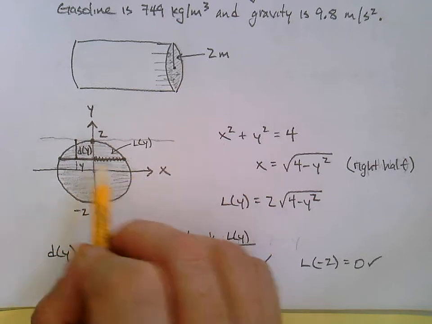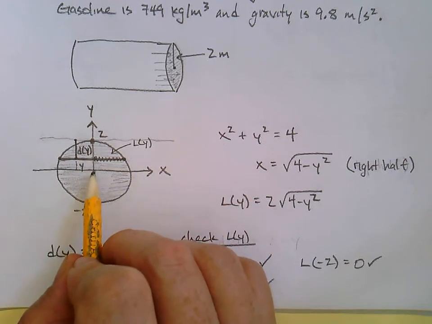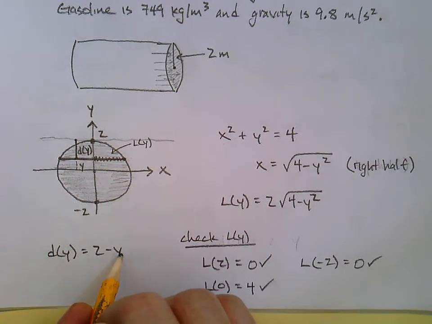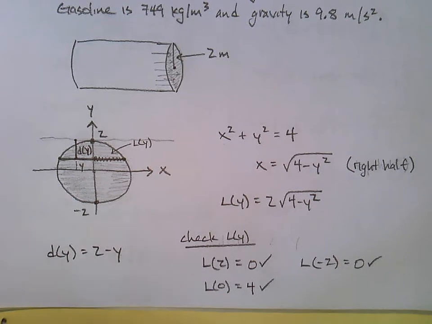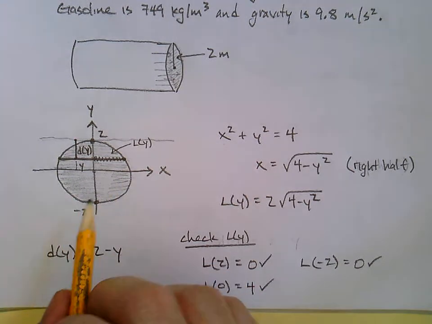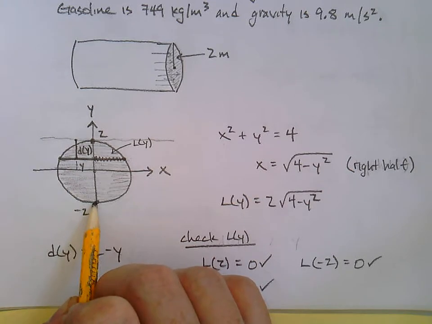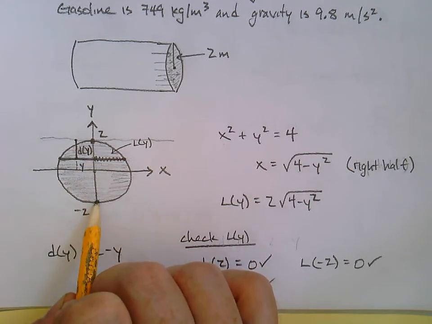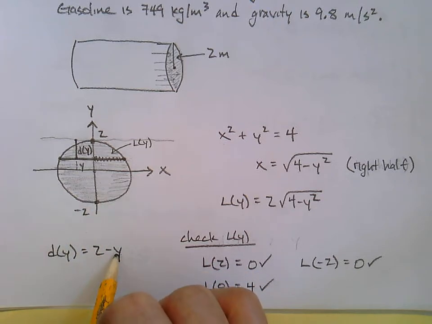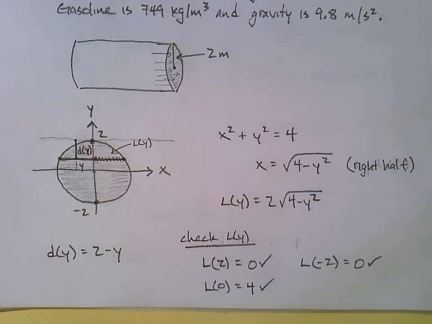If you're on the x-axis, the depth is 2, and that's y equals 0. If you plug in 0, would you get a depth of 2? Yeah, you would. What if you're at the very bottom at -2? The depth would be 4. And if I plug in -2, yes, I indeed get a depth of 4.